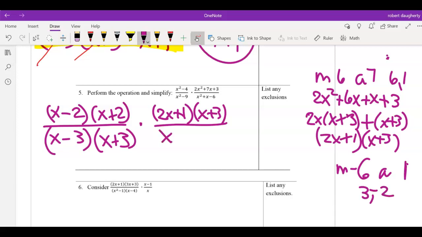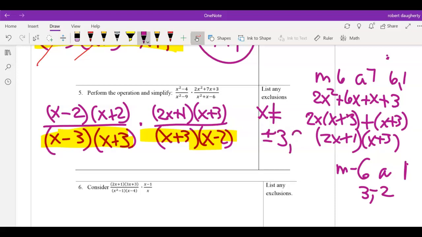So this is x plus 3 times x minus 2. What are my exclusions? The exclusions are all found by looking at those terms. So x cannot be plus or minus 3 or 2. So those are the exclusions.